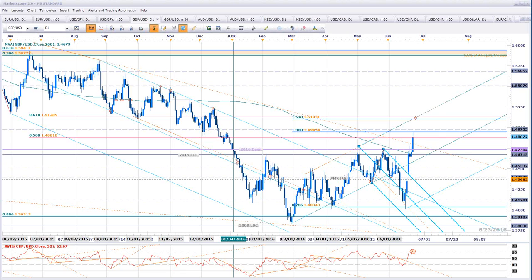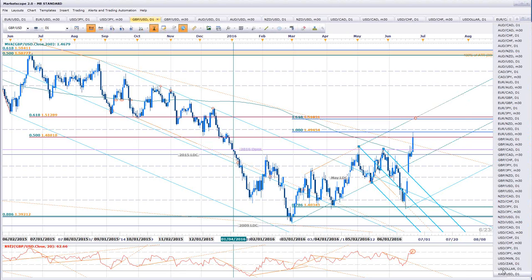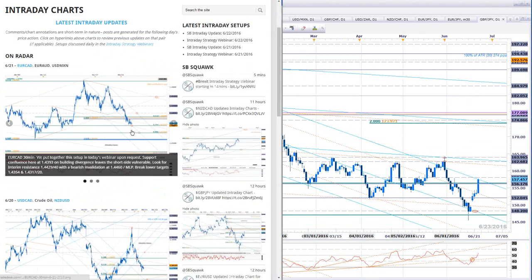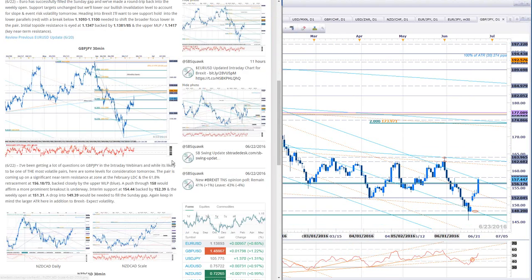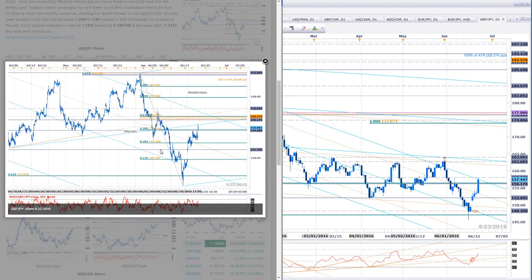That's the British pound. Let's jump into pound yen, which is one that we highlighted last night on the intraday update. And then we'll jump into the euro dollar. So here's what pound yen looked like last night. We've already made a move here, breaching that key near-term resistance that I highlighted at 156.17, 156.73.